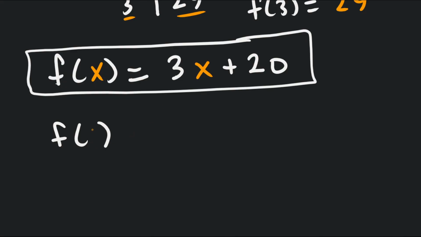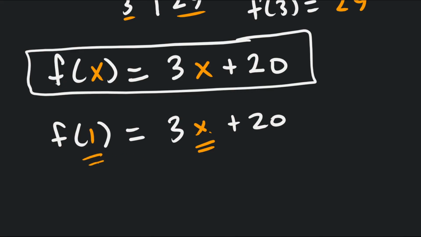Okay, so what is f of 1? When we're inputting 1 for x, let's write 3x plus 20, and you're supposed to find wherever x is and substitute our input.